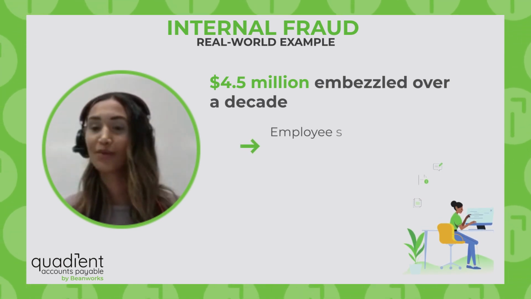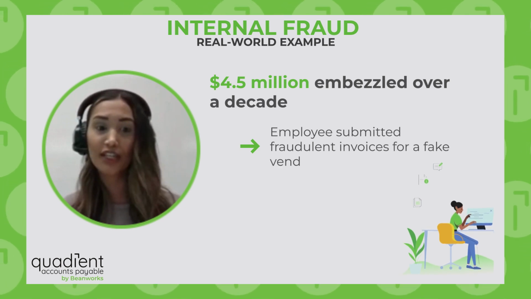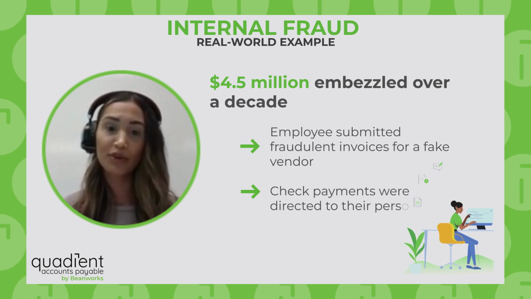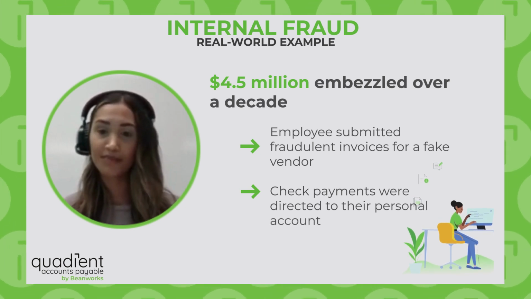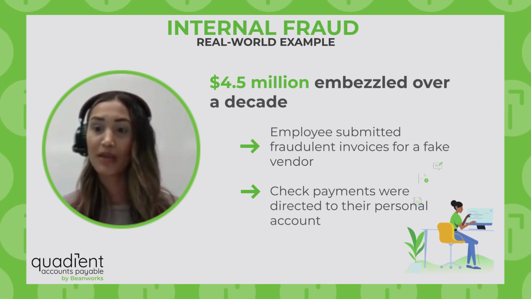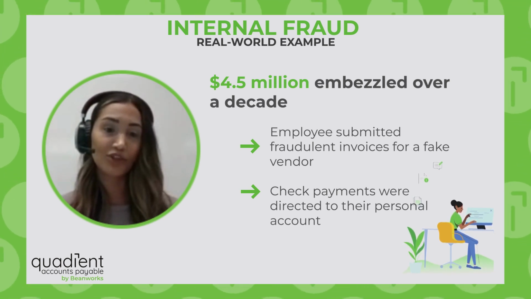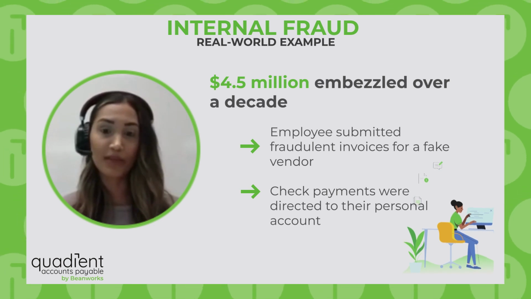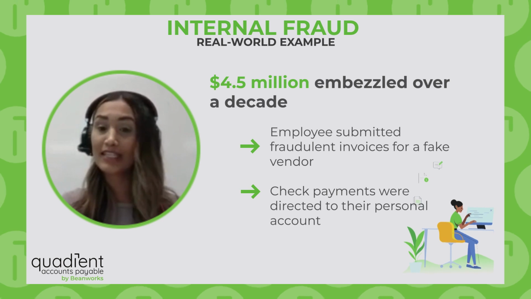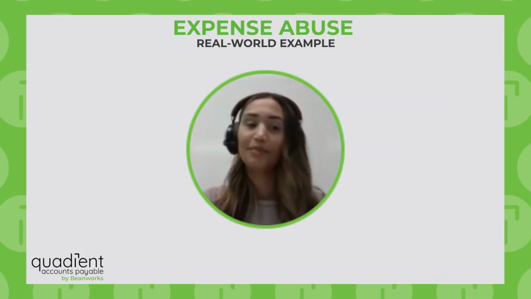The culprit was one of their own employees, who was accused of submitting fraudulent invoices for a fake vendor. According to reports, this employee would generate checks in AP to pay the false vendor, using her position to direct those payments to her personal account. Such examples demonstrate how fraud can originate in the AP department, and without proper checks in place, it can go undetected for years.